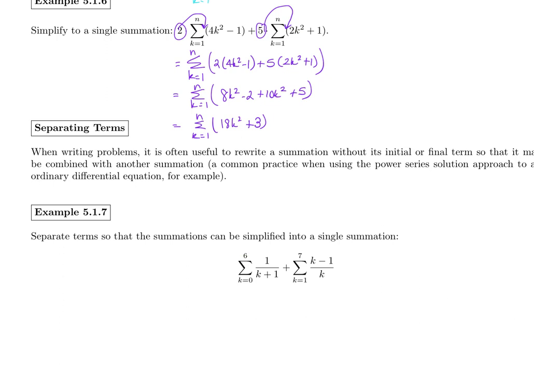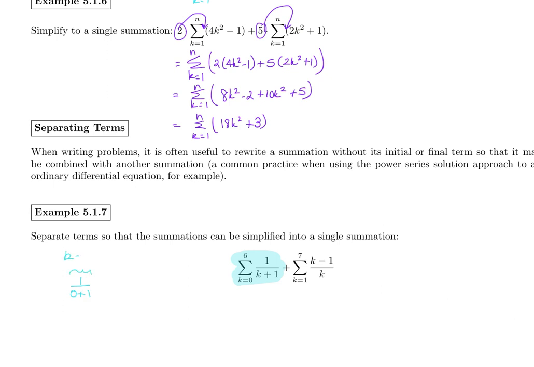So sometimes we have to pull out a term to adjust the sequence. So if we focus first on the first term, I can adjust that k equals 0 up to 1, but I can't adjust the k equals 1 back down to 0 for the second summation. So here, I can adjust the k equals 0 to k equals 1 by pulling out the k equals 0 term, which would be 1 over 0 plus 1.